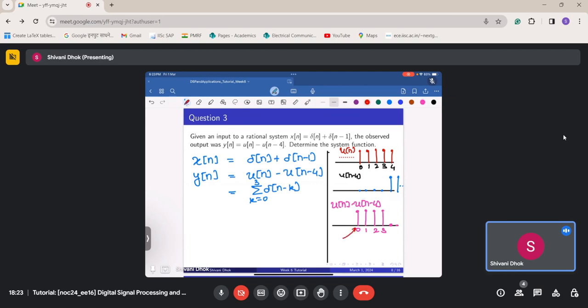So this is delta n, this is an impulse shifted by 1, this is delta n minus 2, and this is delta n minus 3. So I can write u of n minus u of n minus 4 in this form. I am doing this purposely because my input is also in this form and my output is also in this form.